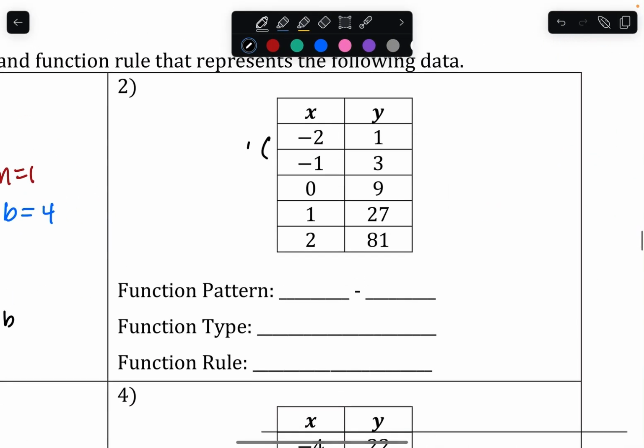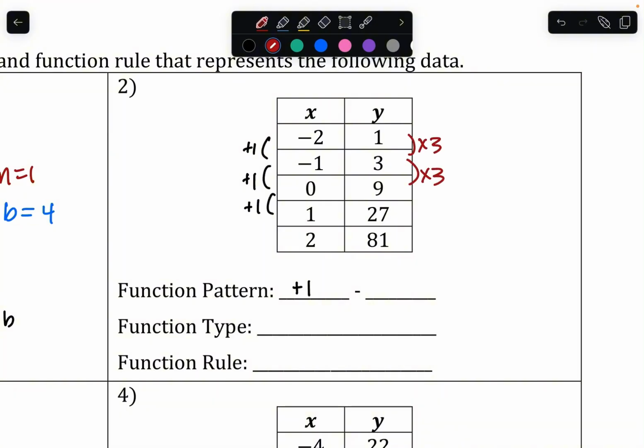Okay, and so for number 2, we see that the x's are going up by 1 each time, and then the y's are multiplying by 3. And so that means we are working with an exponential function, which means we are looking for a times b to the x, where b is that multiplier.